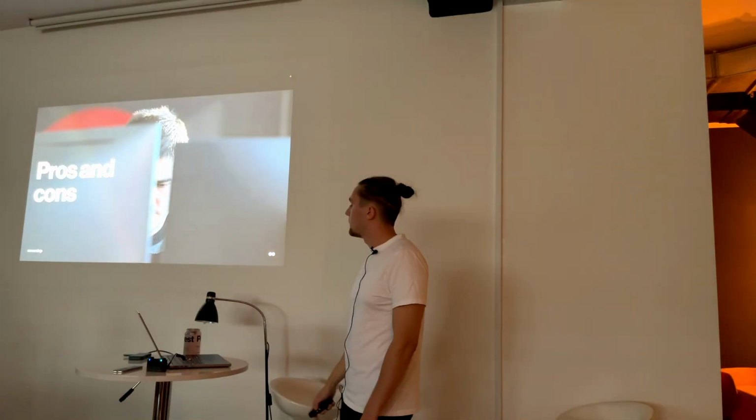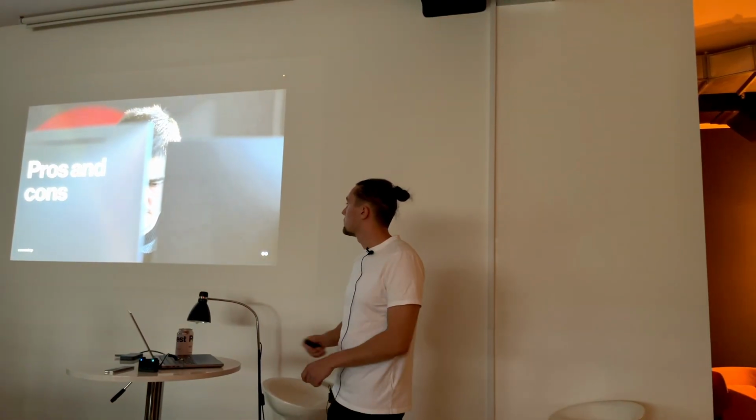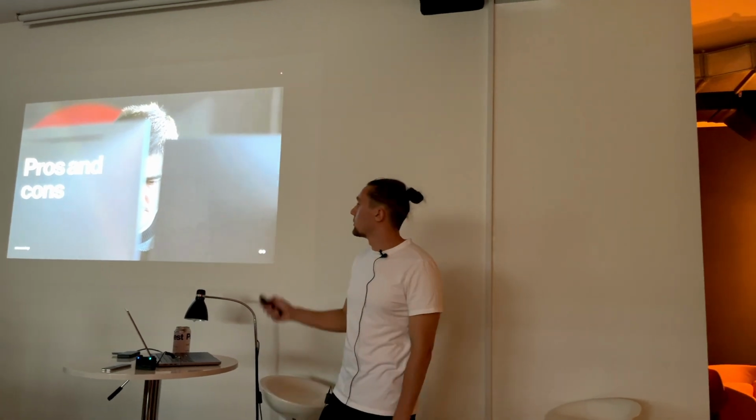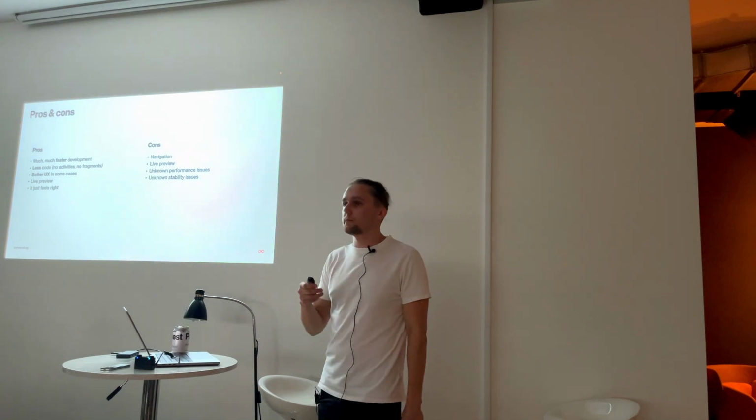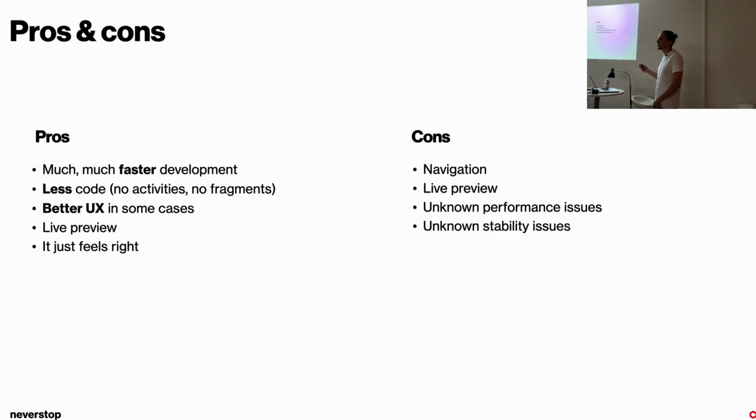Okay, lastly, coming to an end slowly, pros and cons about the whole setup. So for the pros, we figure out that it's much faster UI development. And as I mentioned already a couple of times, there's less code since there are no activities, no fragments, no XML.